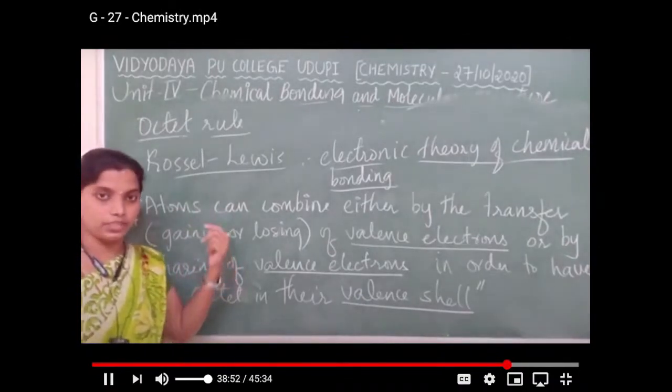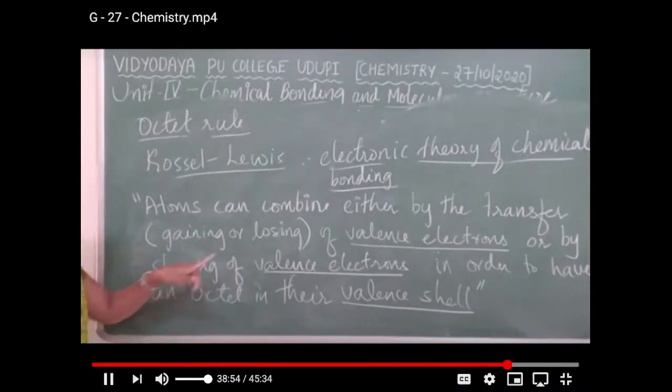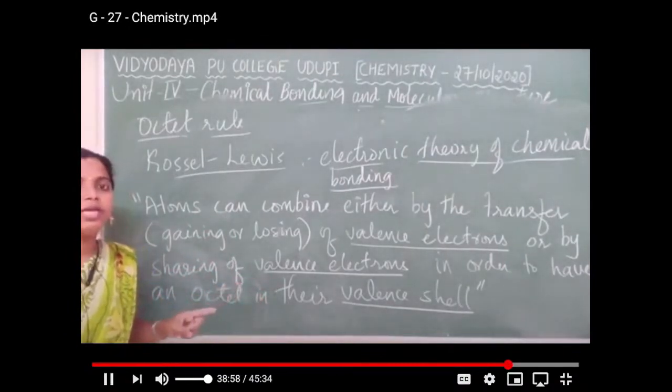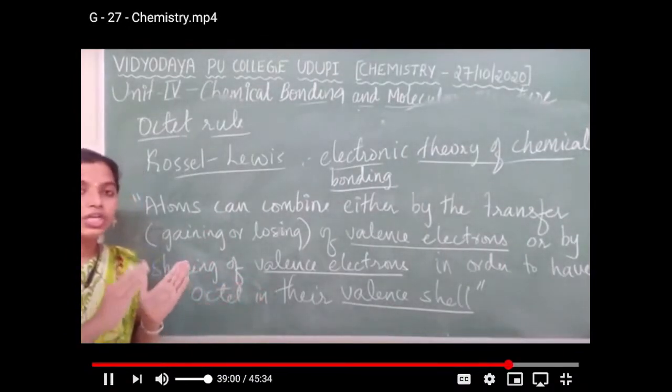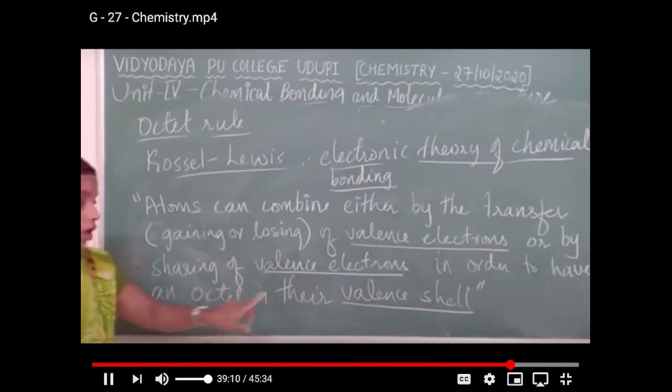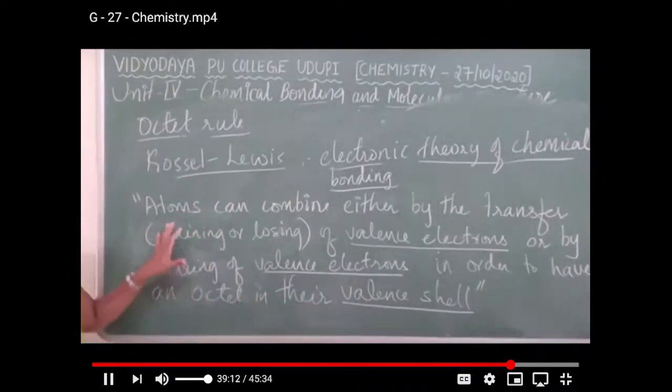NaCl, calcium fluoride, examples we have studied just now. Or by sharing of the valence electron, meaning the electron will be shared by the two atoms, that is called as sharing of the valence electron. In either way, octet should be attained in the valence shell. This is called as the octet rule.